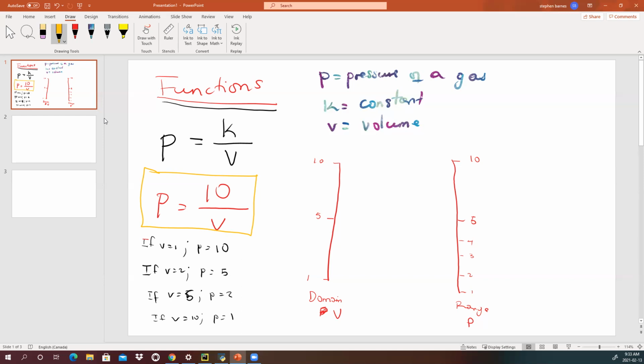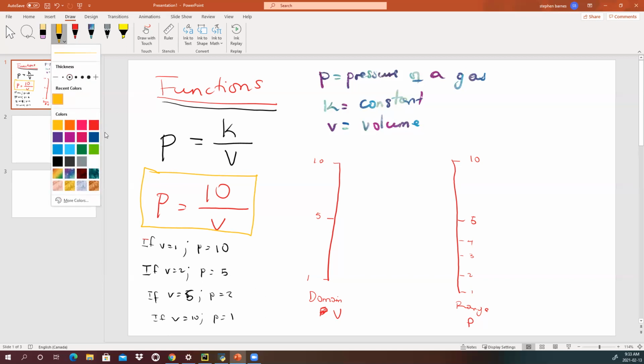Now, if I'm to represent this on this mapping diagram here, and it's a very rough mapping diagram, V is our domain. When V is 1, P is 10. Let me choose a different color just to show the mapping.